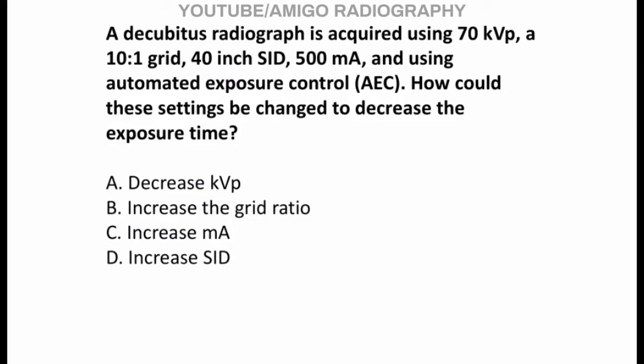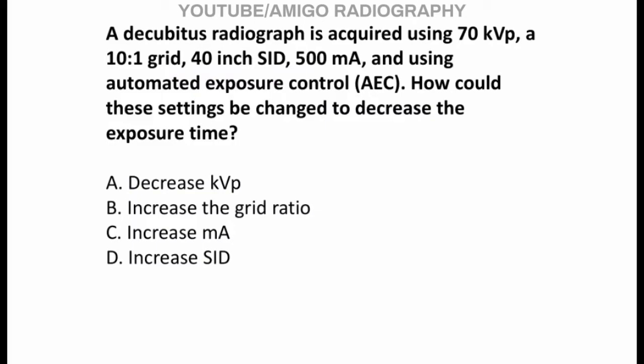A decubitus radiograph is acquired using 70 kVp, a 10:1 grid, 40-inch SID, 500 MA, and using the automated exposure control setting. How could these settings be changed to decrease the total exposure time? So this is an interesting scenario because it requires that we also understand the concept of AEC.